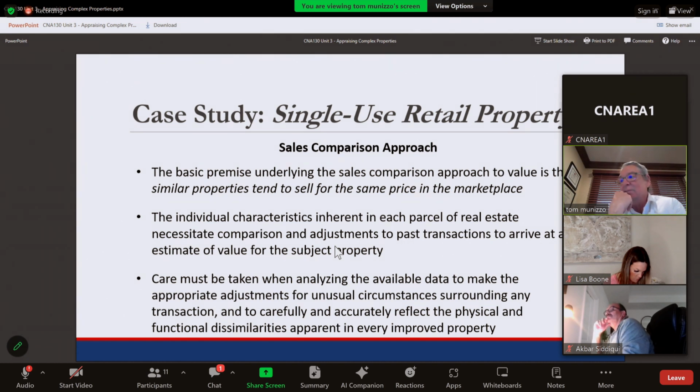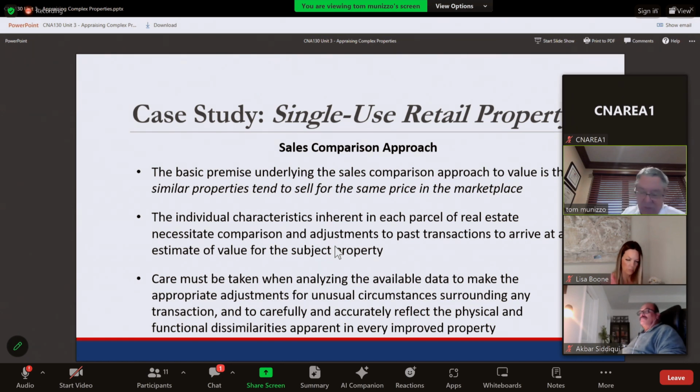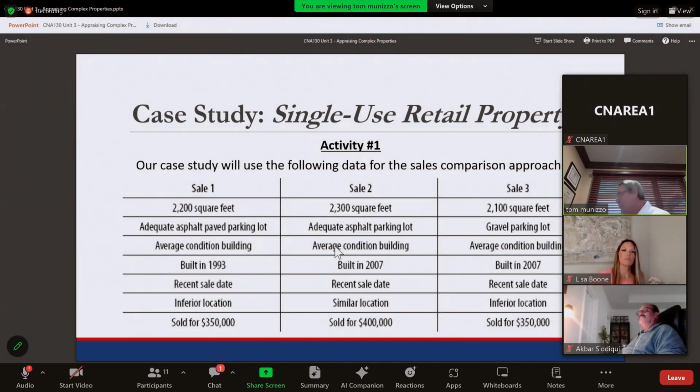Care must be taken when analyzing the available data to make sure the appropriate adjustments are made for physical and functional dissimilarities. So let's see here.